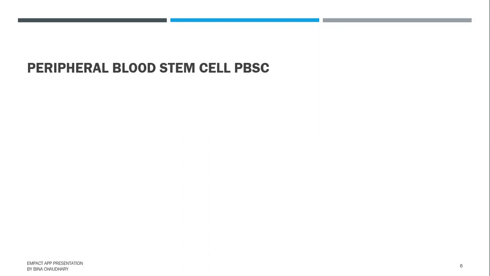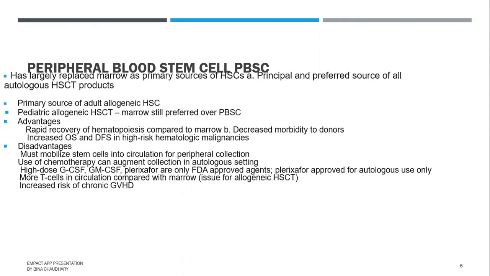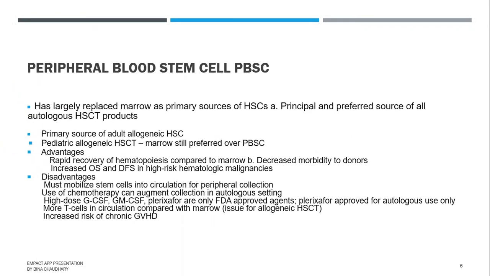Peripheral blood stem cells have largely replaced marrow as the primary source of hematopoietic stem cells. It is the principal and preferred source for all autologous hematopoietic stem cell transplantation products.